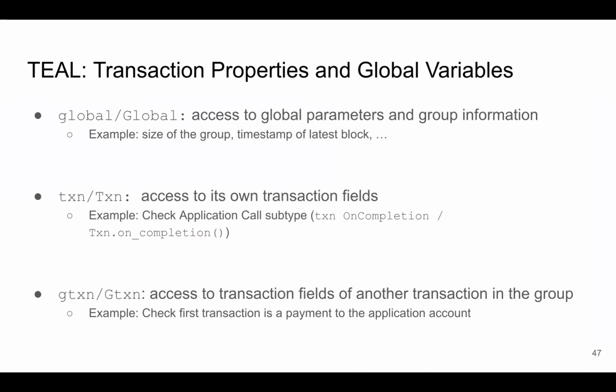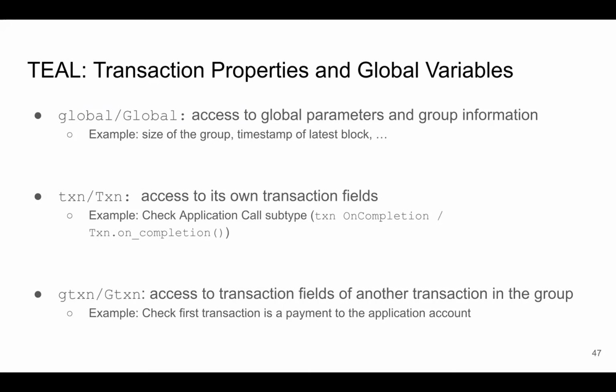Now let's look in a little more detail at how TEAL and PyTEAL can be used to do all the operations we discussed before. Remember, we said that a smart contract allows you to read and write data on the blockchain in the state, and to access other functions and so on. We have seen how to read and write data on the blockchain.